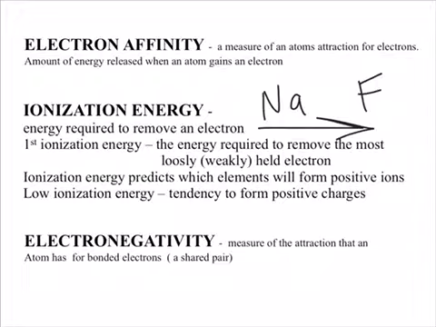Again, electronegativity and electron affinity are both measures of how great an atom's attraction for electrons is. Those are some words that you'll hear me use. These three definitions are not the main point of the lesson, but you're going to hear them. So we must move on.